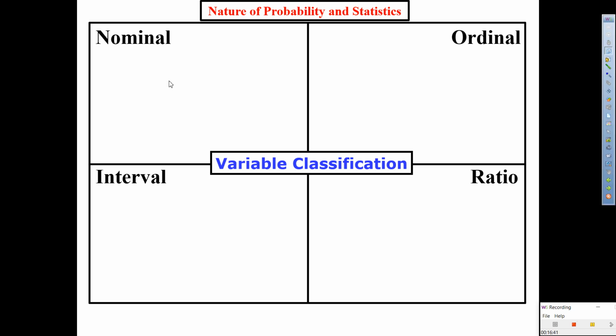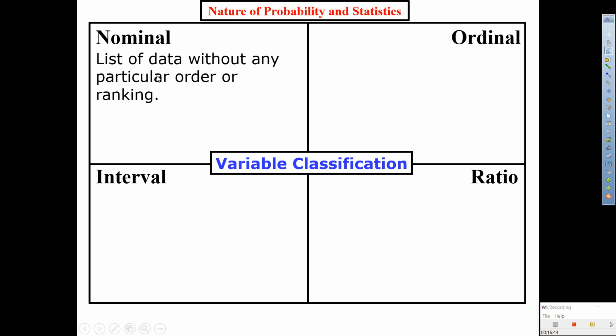That's why the definition for nominal is the list of data without any particular order or ranking.